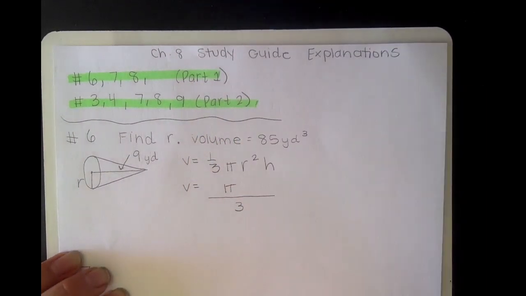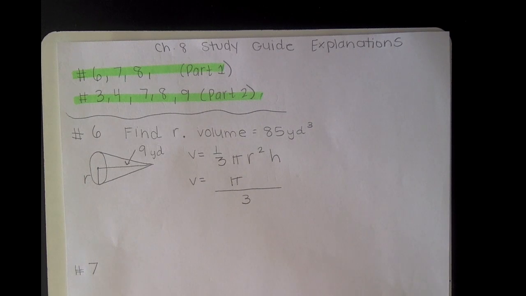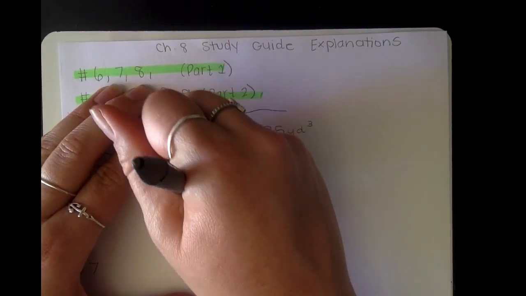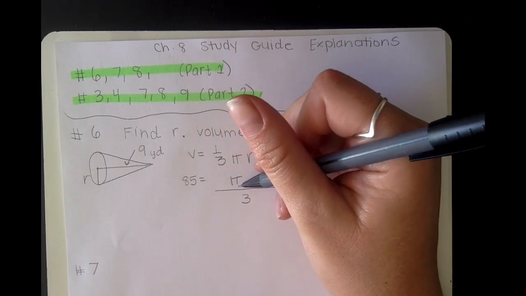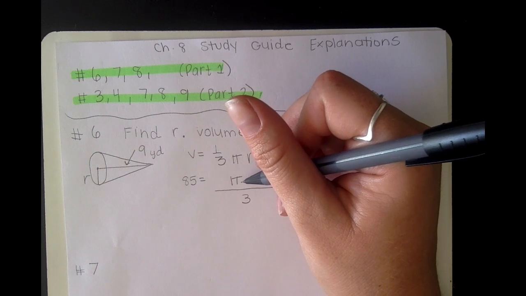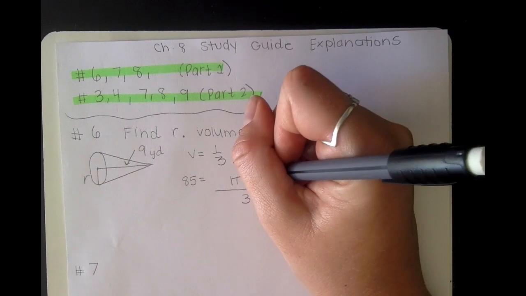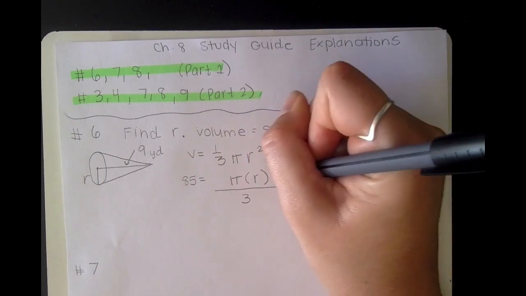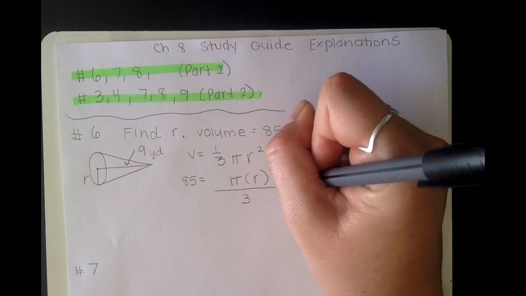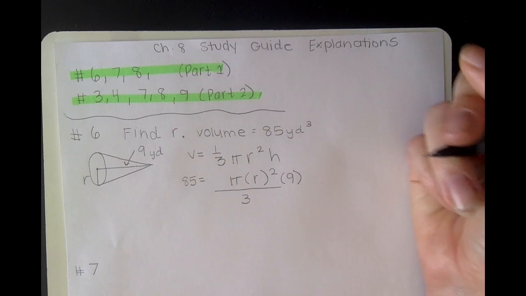This is the same thing as multiplying by 1/3. So then I plug in what I know. My volume is 85. So 85 is equal to pi times my radius, which I don't know, so I leave it as r, and then I plug in my height, which is 9. And then I solve from here.